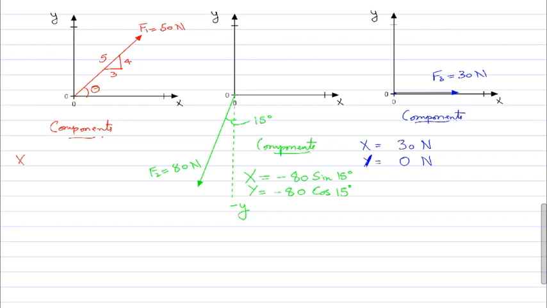Okay, so quickly writing down the x component, we have the magnitude, that's 50, times the cosine of theta, which is 3 over 5. And the y component would be the magnitude 50 times 4 over 5, which is the sine.